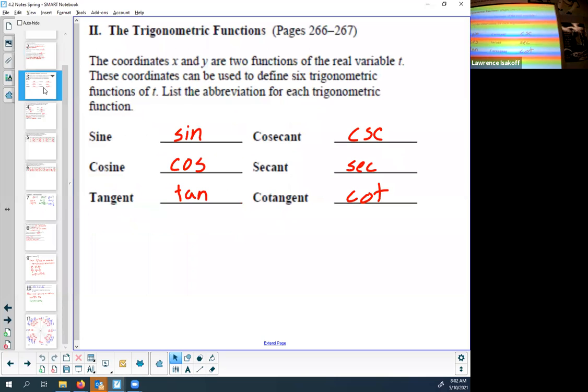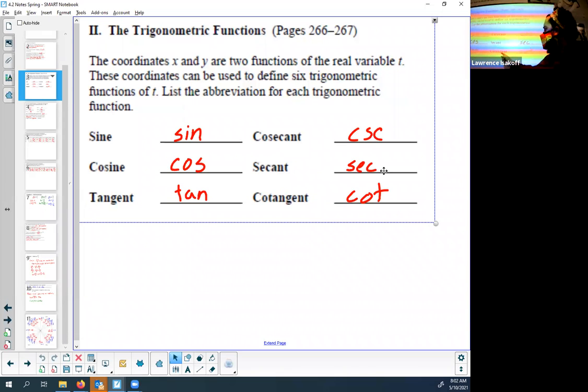Okay, so talking about our trig functions, we have sine, cosine, tangent. You've seen those before, and you're probably pretty familiar with their abbreviations. We also have cosecant, which is the inverse of sine. We'll get into that more, but that is abbreviated the following way: secant, SEC, and cotangent, COT.